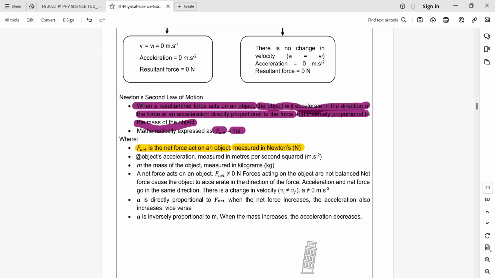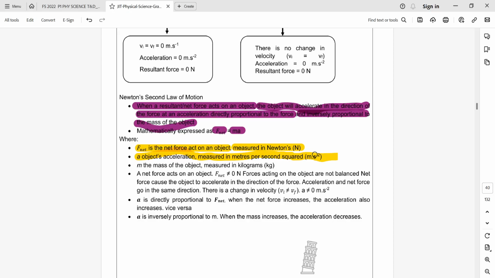Then a is the acceleration, the acceleration of the object in the direction where the force is applied, when an object makes a motion or accelerates. It is measured in meters per second squared, or m/s².